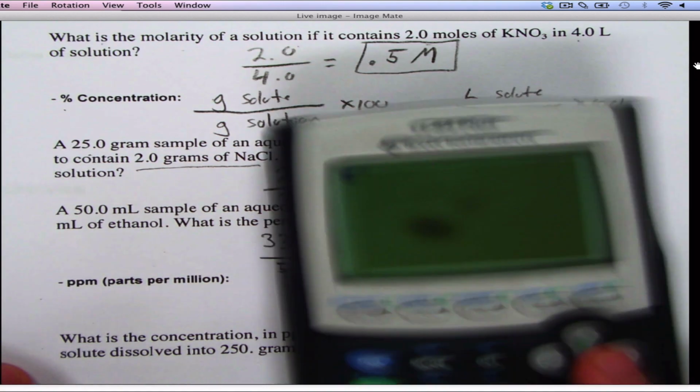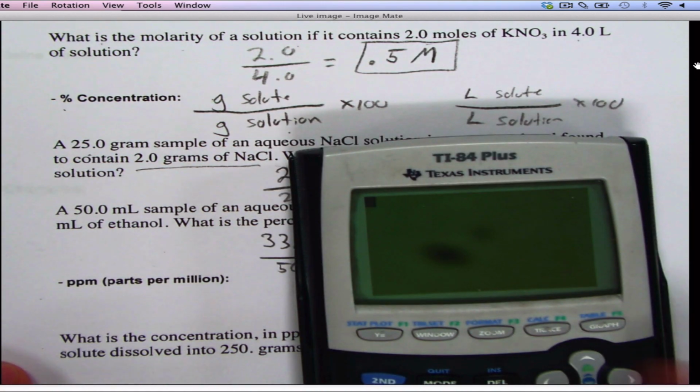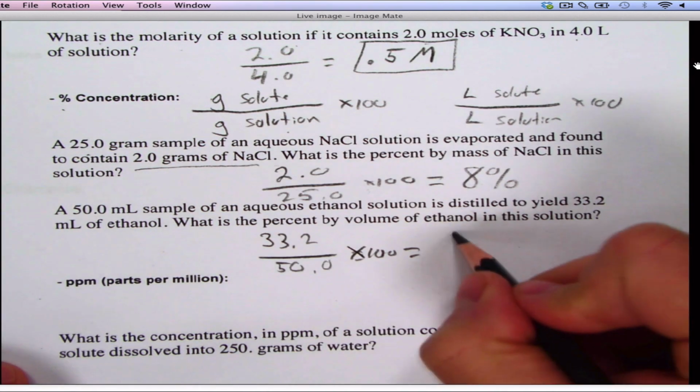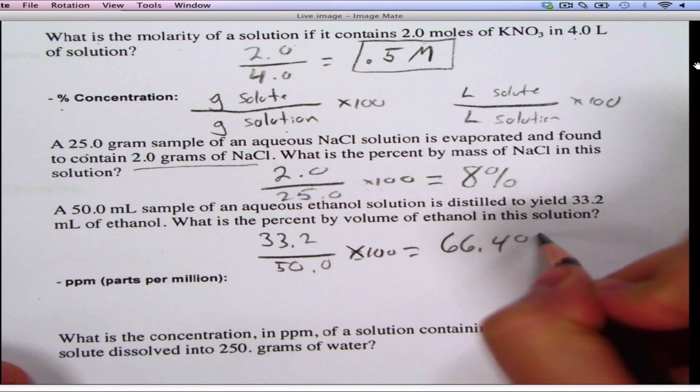So let's do that calculation. 33.2 divided by 50, times 100, and you get 66.4%, a fairly concentrated amount in solution.